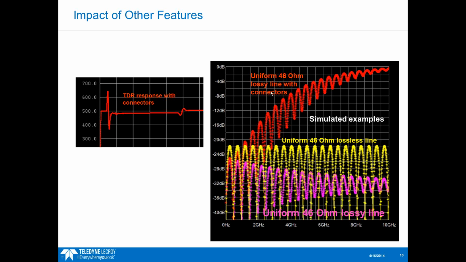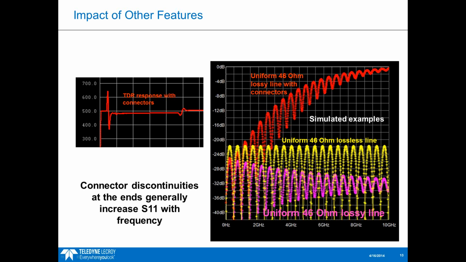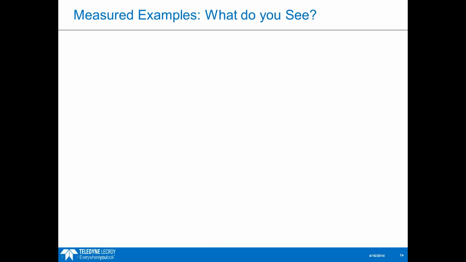And then in red, this is when we have connectors on either side. You can see the connectors, the impedance discontinuity looks larger at larger frequencies. And so you can see the effect of S11 rising here as we go up in frequency. So let's look at some measurement examples of this.